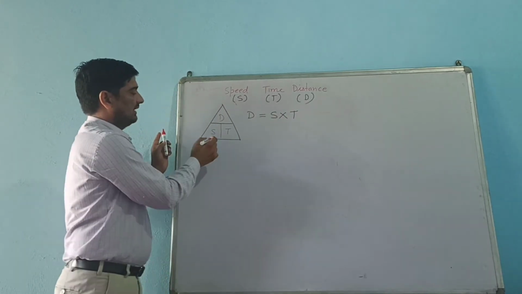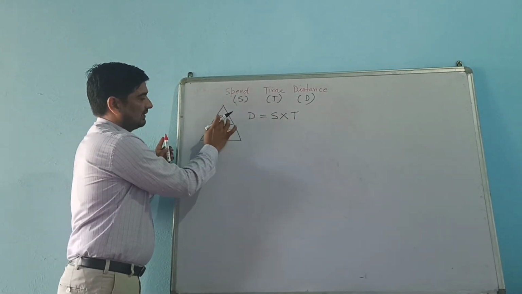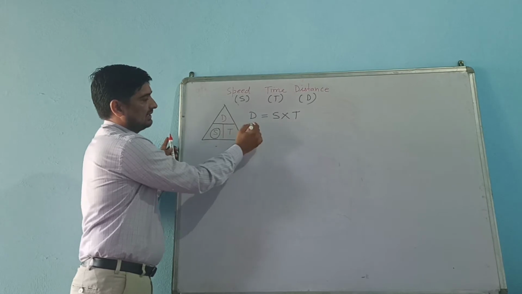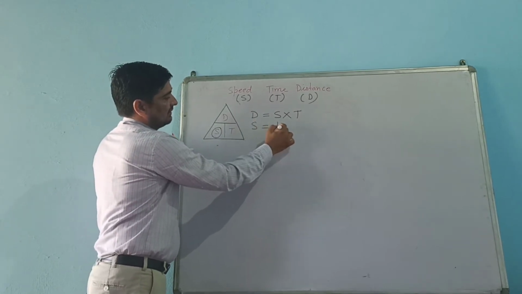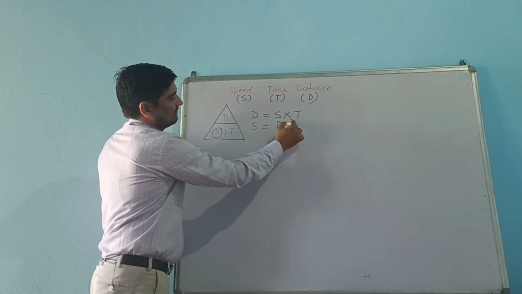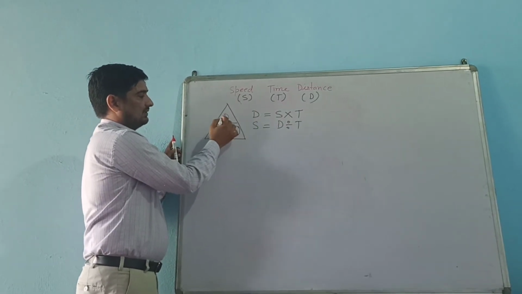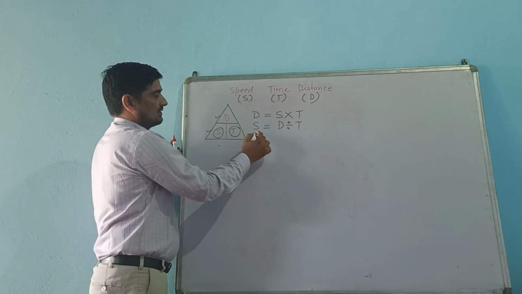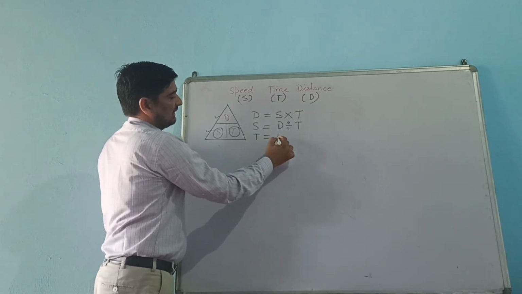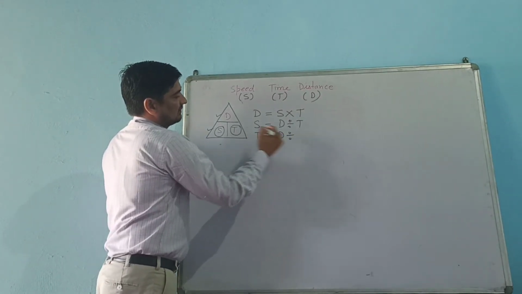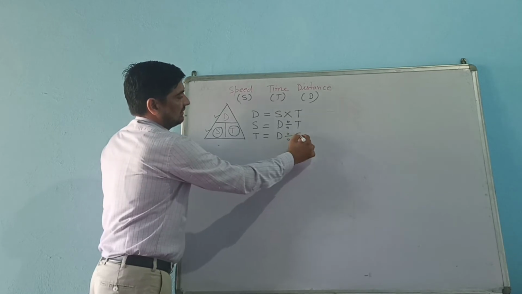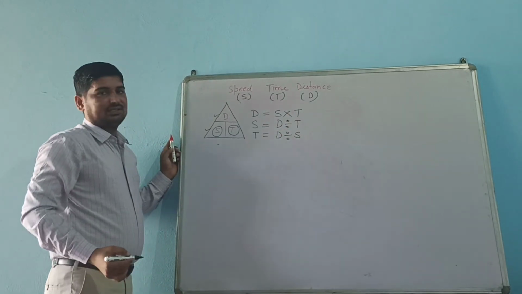If I want to calculate speed, what other two factors are there? Distance and time. So speed will be distance divided by time. If I want to calculate time, what is left? Distance and speed. So if I want to calculate time, I have to divide distance by speed. So these are the three formulas.